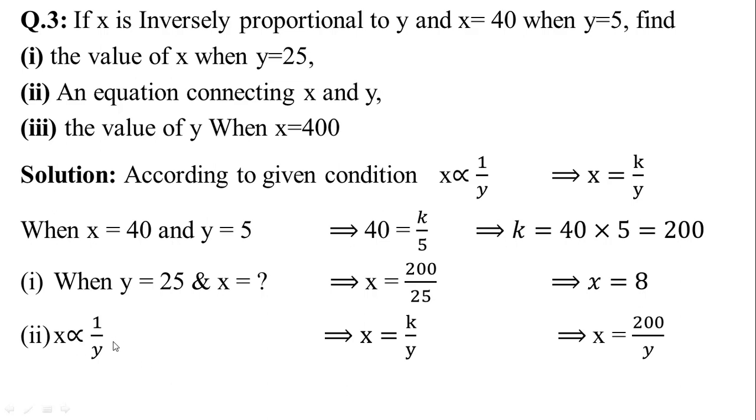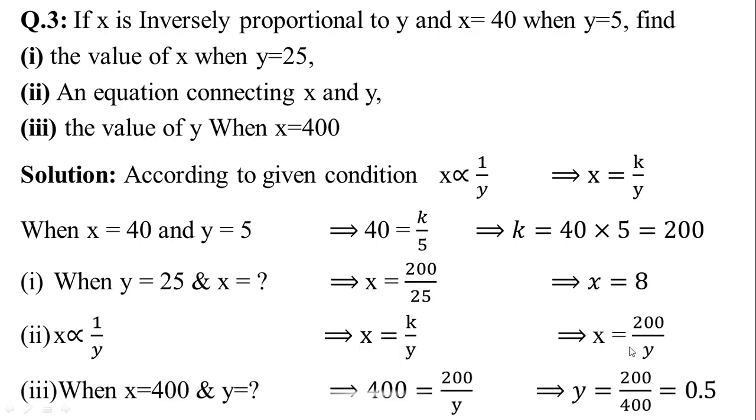This implies that x is equal to k upon y, so x is equal to 200 upon y. Now, in the third part, find the value of y when x is equal to 400. Putting the values, 400 is equal to 200 upon y. This implies that y is equal to 200 divided by 400. So y is equal to 0.5.